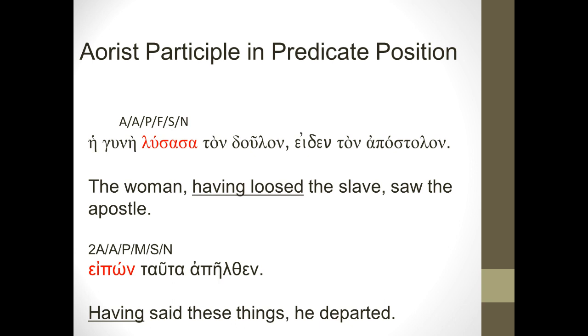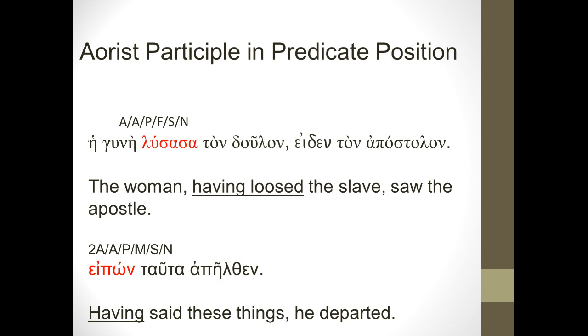On the screen you see we have he gune lusasa ton doulon eiden ton apostolon. The woman, and then our participle lusasa, aorist active participle, feminine singular nominative.